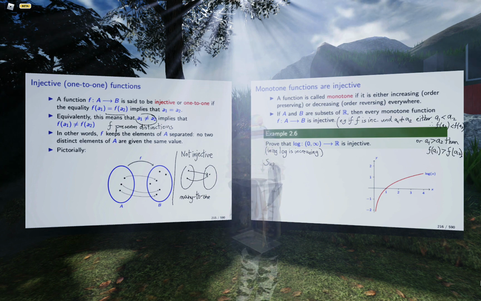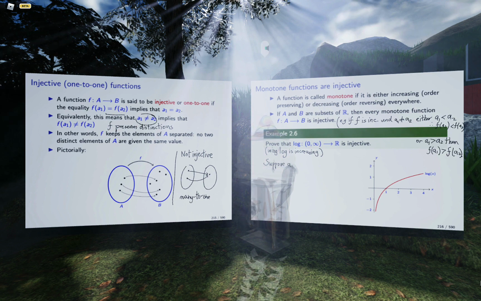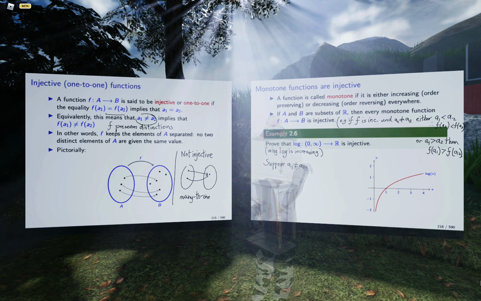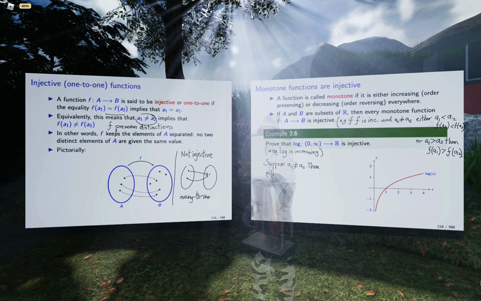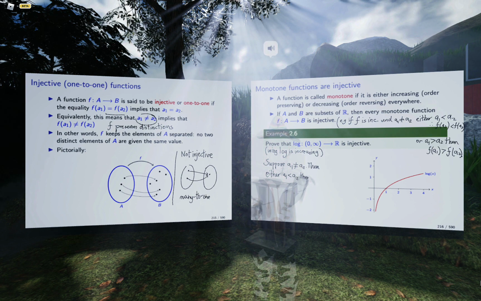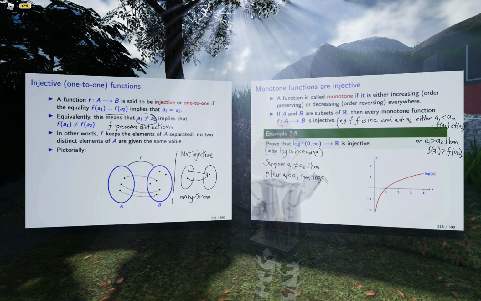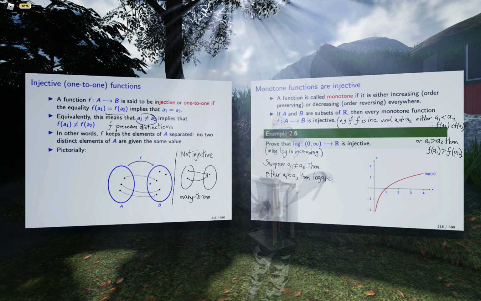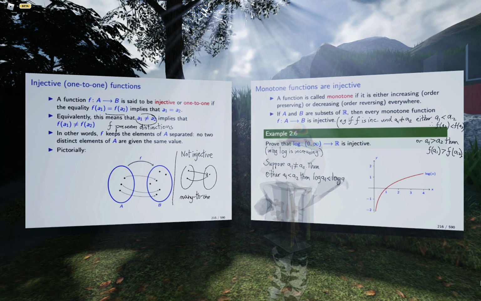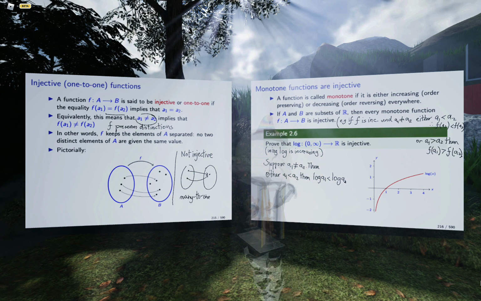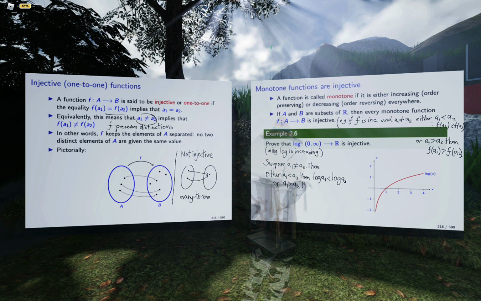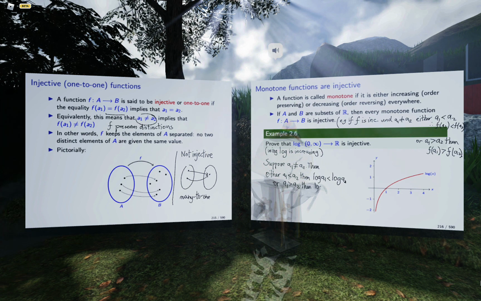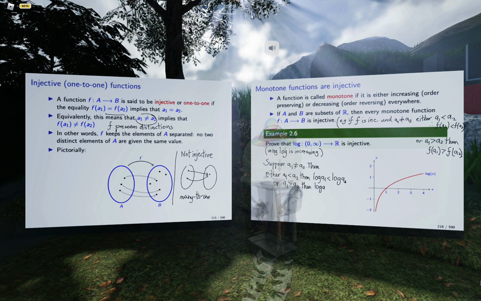Okay, so suppose A1 is not equal to A2, then either A1 is less than A2, then the logarithm of A1 is less than the logarithm of A2, or A1 is greater than A2, and then the logarithm, which is order preserving, right?